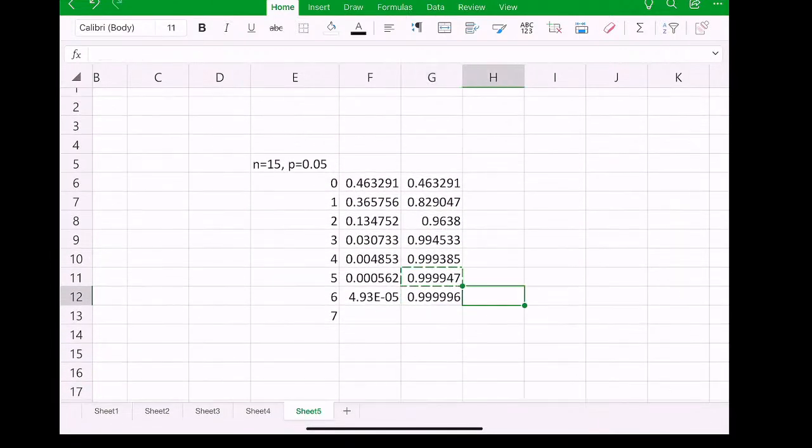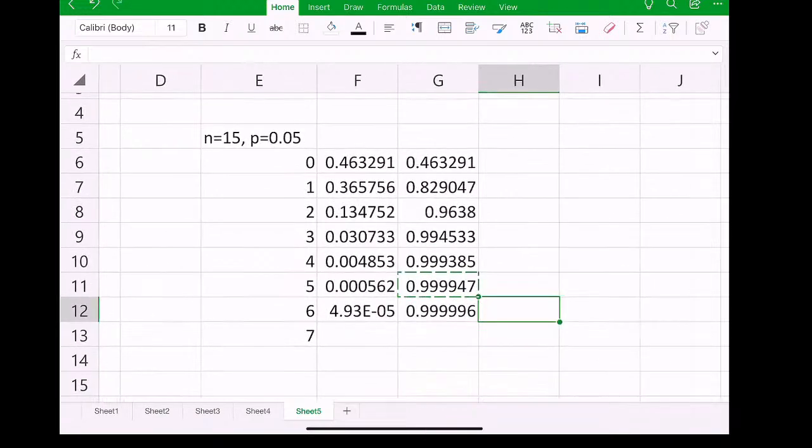You see how we're rapidly approaching one like the table does. So I've generated that table using Excel.